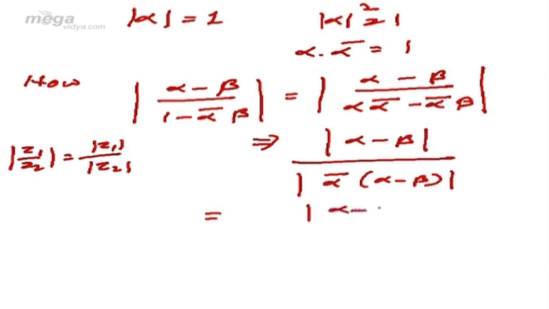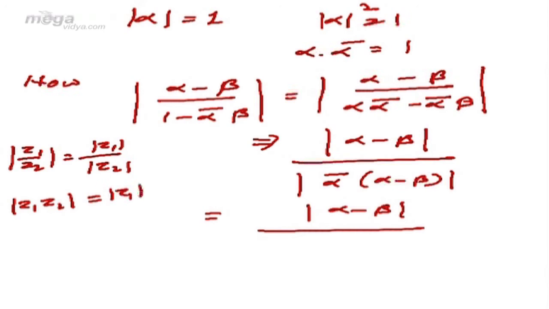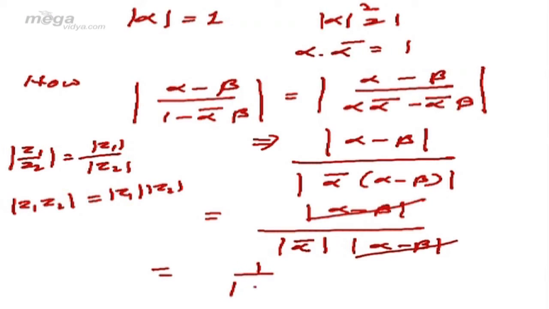If two complex numbers are multiplied together and we take the mod of Z1 into Z2, it becomes mod of Z1 into mod of Z2. So in the denominator we can write mod of alpha bar into mod of alpha minus beta. The mod of alpha minus beta in numerator and denominator cancels out, so we get 1 by mod of alpha bar. It will become mod of alpha, and mod of alpha is given as 1, so it will become 1 by 1, so it becomes 1.